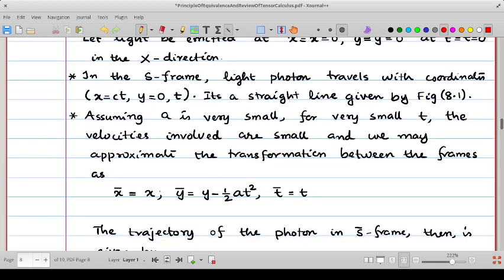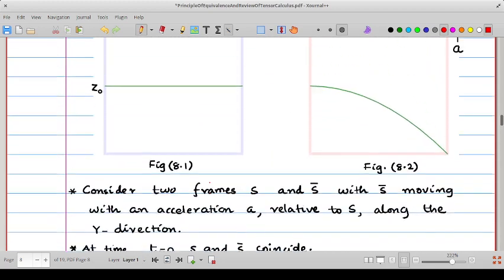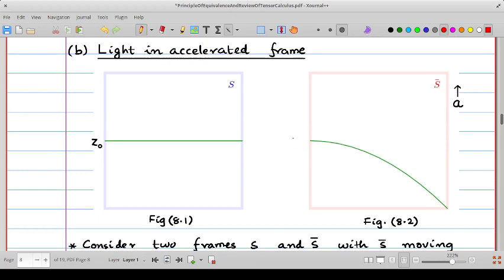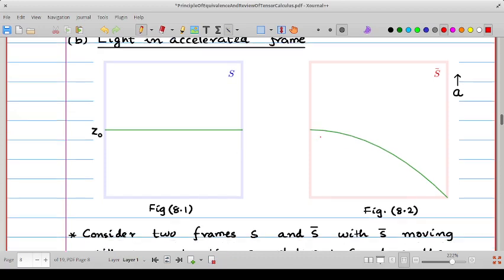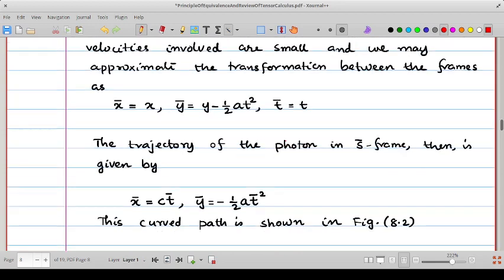So that is x bar is equal to x, and z bar is equal to z, and y bar is equal to y minus the distance between them. So now the frame of reference S bar would have traveled a distance equal to half a t square in time t, and therefore we will have y bar equal to y minus half a t square, and similarly t bar is equal to t.